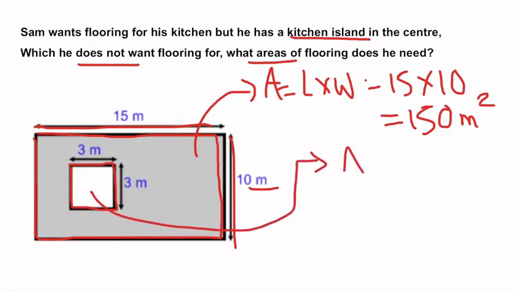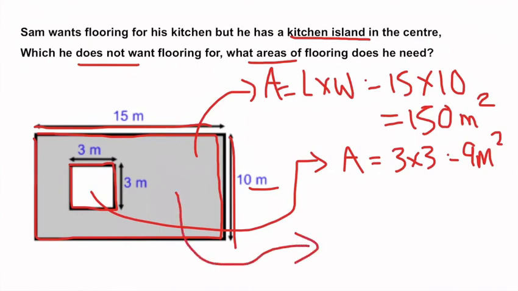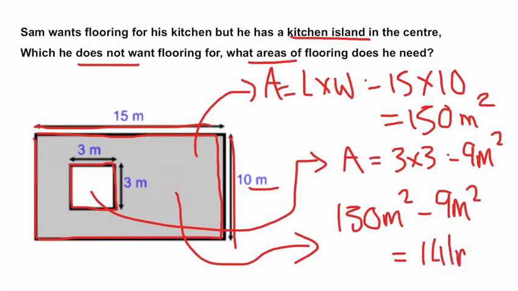And that's a simple square, so we know that its area is going to be 3 times 3, which we know is 9 meters squared. So then if we want to find the area of just the dark grey region, we need to do 150 meters squared minus 9 meters squared, which we know is 141 meters squared. And that's the area of the flooring which he's going to need.